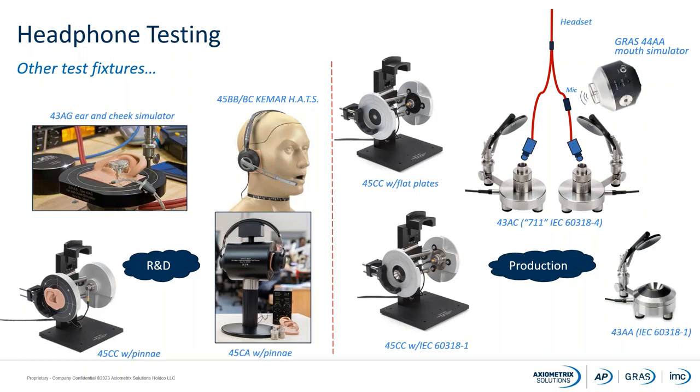For doing a final test, type approval test, maybe according to the IEC 60268-7 standard, the KEMA can be used. KEMA is actually used where you would like to have very realistic test in a sound field where you are doing a complete set of measurements on your headphones.